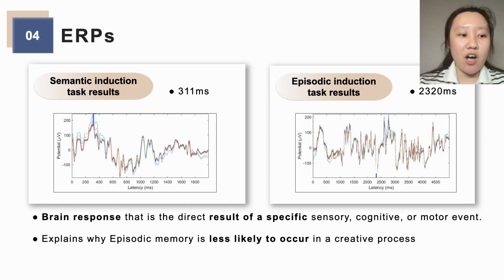This result may help us to explain why episodic memory is less likely to occur in creative processes, because episodic memory needs a longer time to be invoked. During this long time, the semantic memory process, which needs a shorter response time, may happen. And this means the semantic memory will interrupt the episodic memory process.